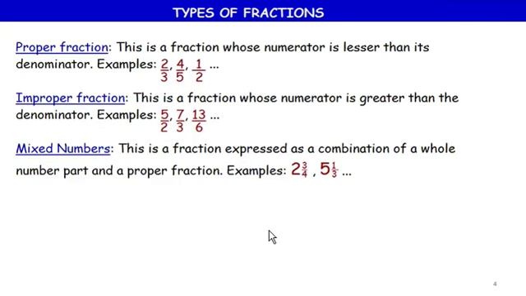Now, why do we call such fractions proper fractions? Because like we said earlier, a fraction is a part of a whole. So it means that the number of parts taken must be less than the total number of parts, right? Because if it is a part of a whole, obviously what you take must be less.